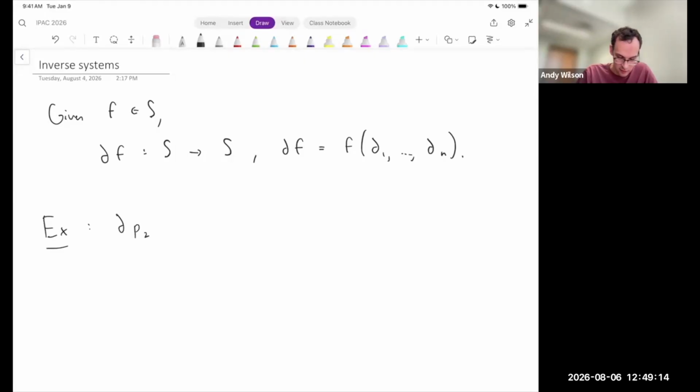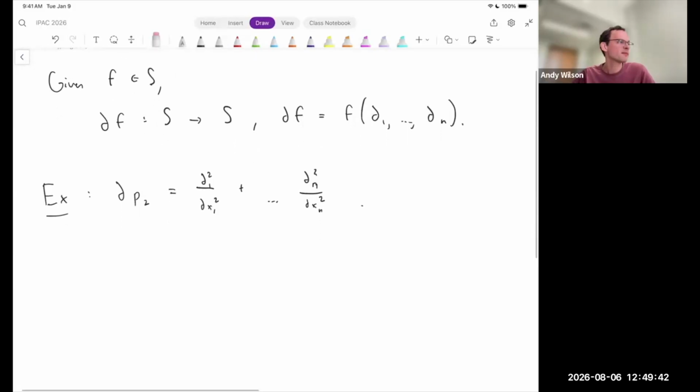So, one example is, okay, if you do this to P2, you get, what am I trying to write down? Right, this thing that you might have seen in calculus or physics or whatever. I'm writing this in an insane way, but okay. So this can be turned into an S module in the bilinear form.